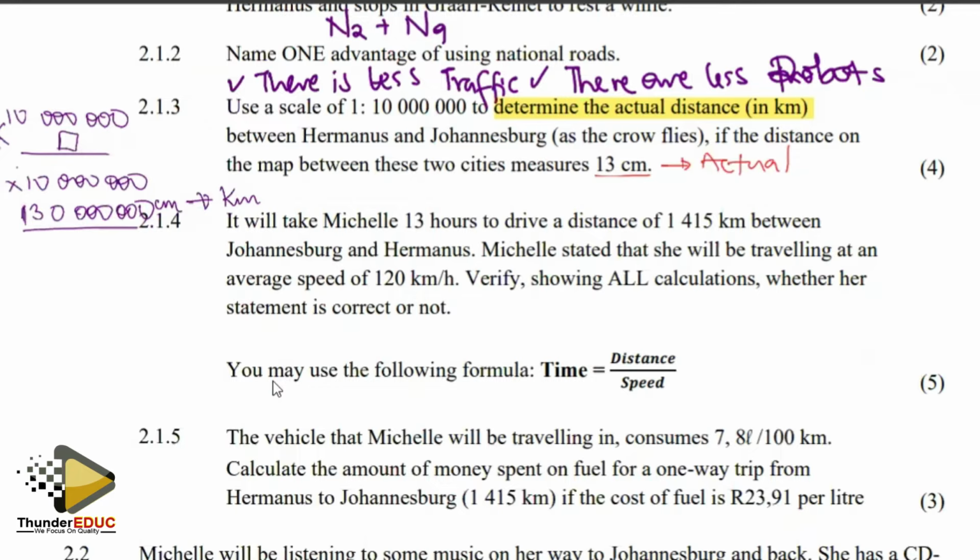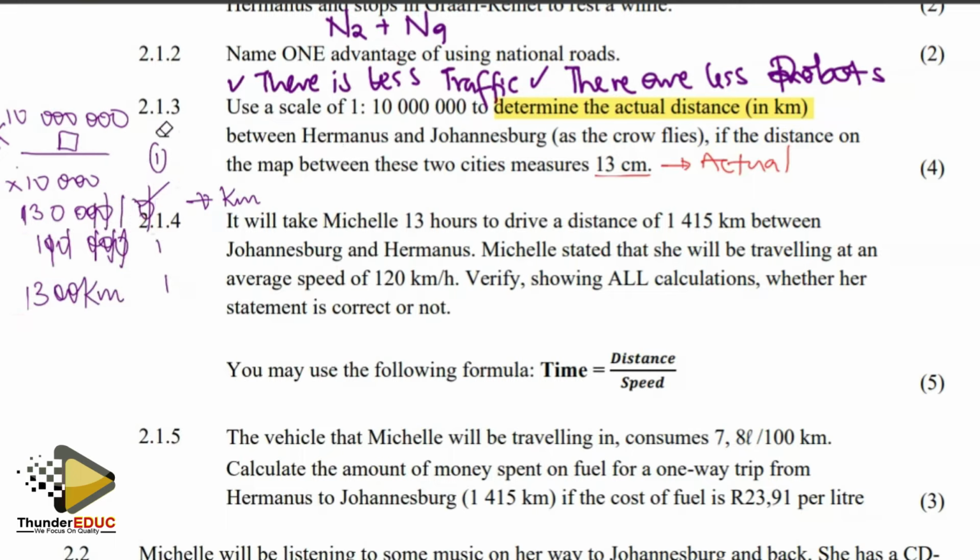So you had to multiply 13 times that, and you ended up having this much. Centimeters to kilometers, we divide by 100,000, to remain with 1,300. Now they have become kilometers. How was it marked? Multiplying by that, 1 mark, getting your answer, 1 mark, dividing by 100,000, 1 mark, then the answer, 1 mark. That's how we get the 4 marks.